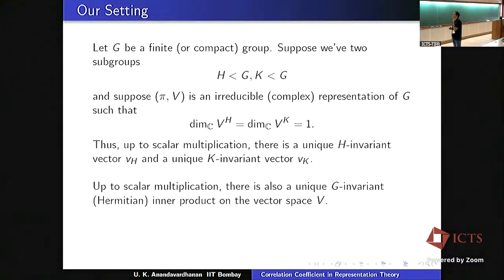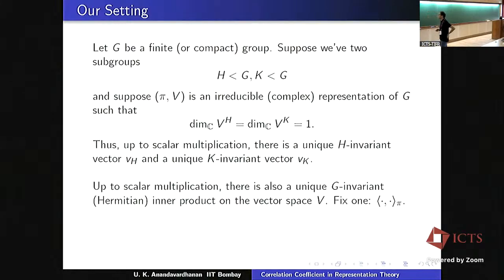And because it's an irreducible representation, up to scalar multiplication, there is a unique G invariant inner product. So fix one. So this is up to scalars. So I'm going to normalize that. Now that you have this chosen inner product, you take the fixed vectors to be of norm 1.